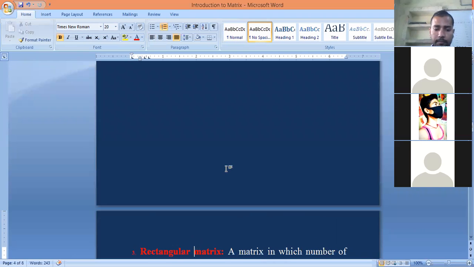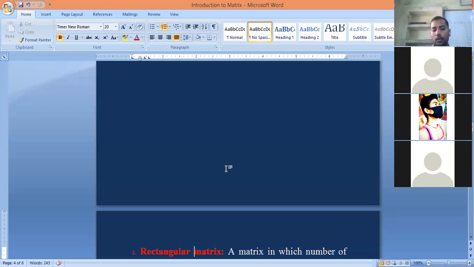Then after, rectangular matrix. All the other types of matrices are formed by the combination of those two matrices, column and row matrix.